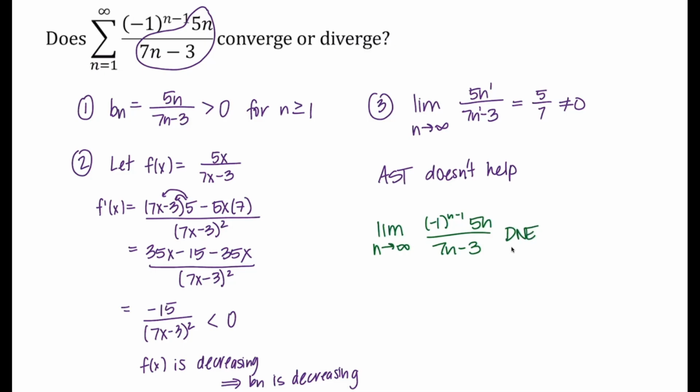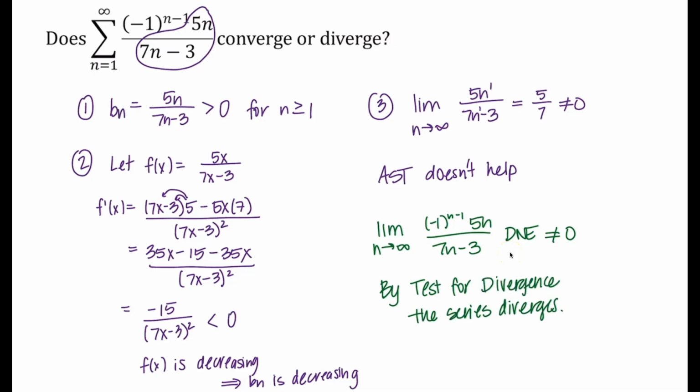And if the limit is anything other than 0, then by the test for divergence, the series diverges. So again, we cannot say that a series diverges by the alternating series test. We have to use another test, in this case the test for divergence, which we should have done first so that we didn't waste our time checking conditions 1 and 2.